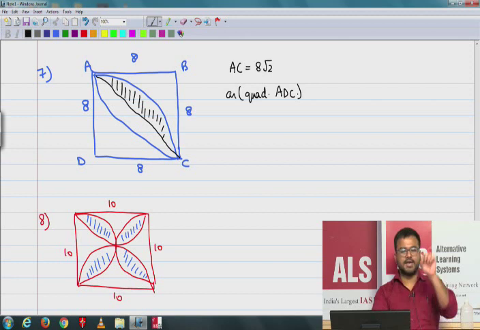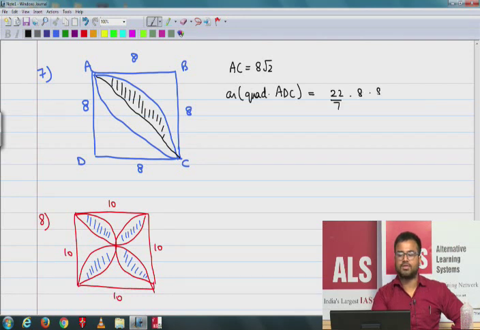The quadrant ADC is 1/4 of a circle having the radius of 8. So which is pi r square divided by 4, since the radius is 8. So 22 into 16 by 7, that is the area for quadrant.